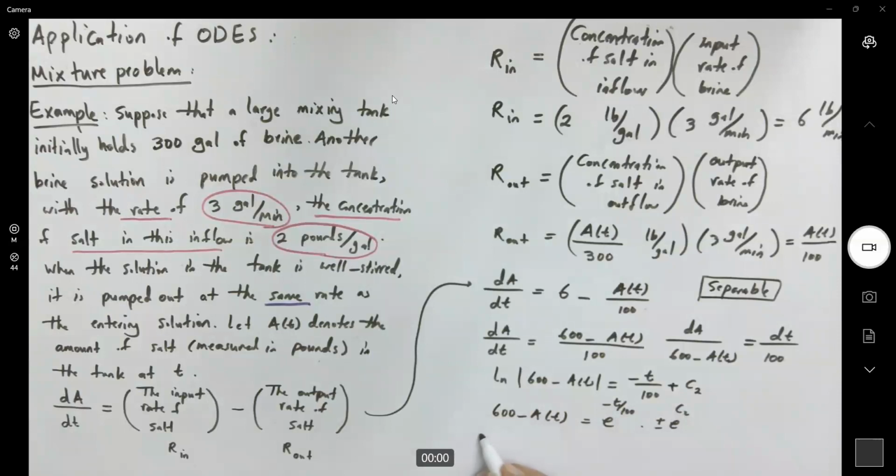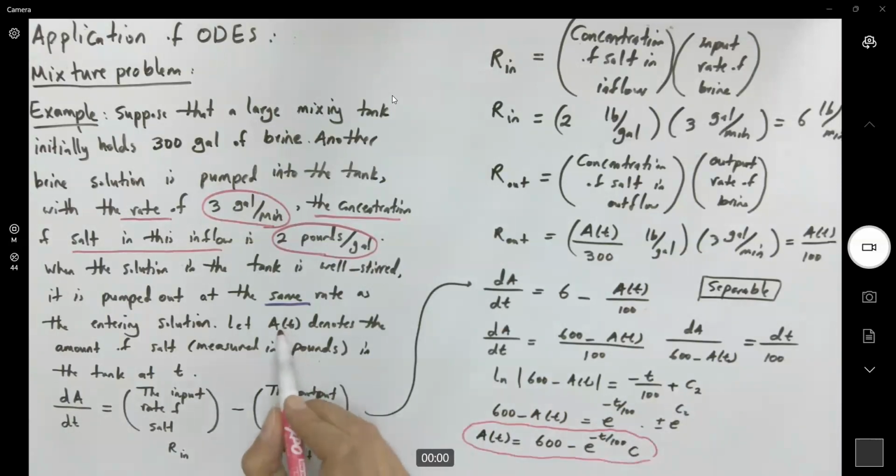So A of t becomes 600 minus c times e to the power negative t over 100, where c is the constant. So again, A of t denotes the amount of salt measured in pounds.